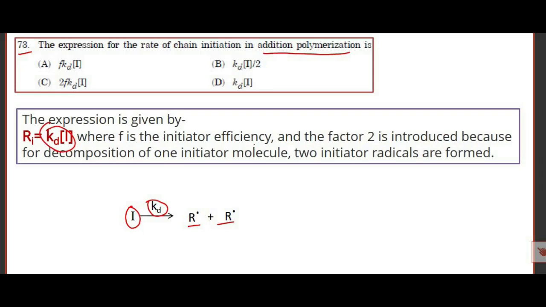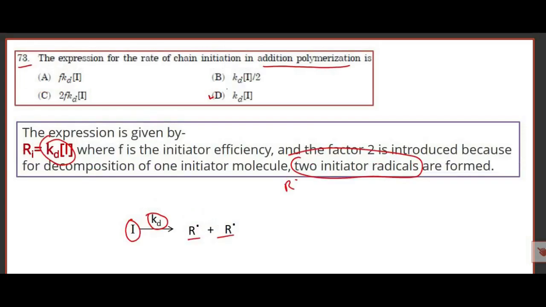Hence, initiator efficiency and the factor 2 is introduced because of decomposition of one initiator molecule. And I is the initiator molecule, which gives 2 initiator radicals or dot. D is correct. The rate equal to Kd into I.